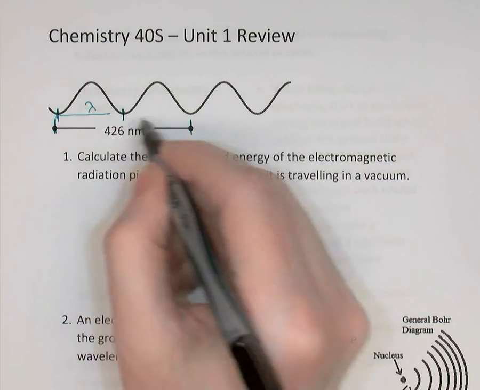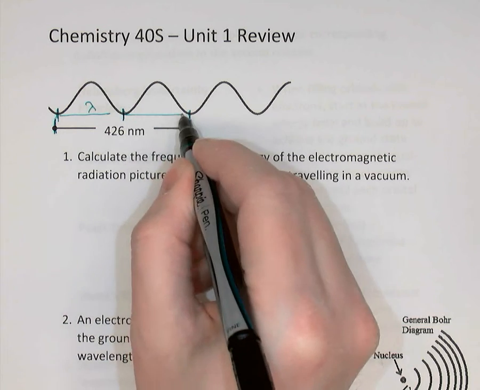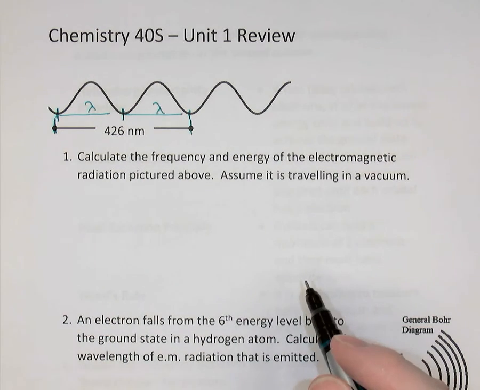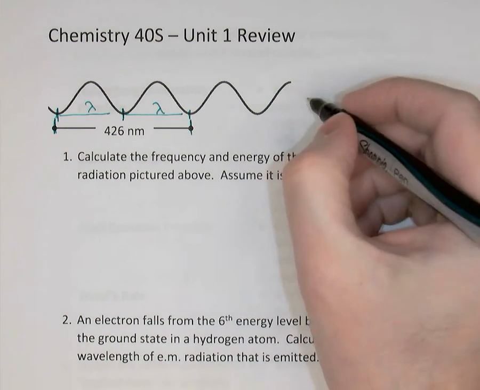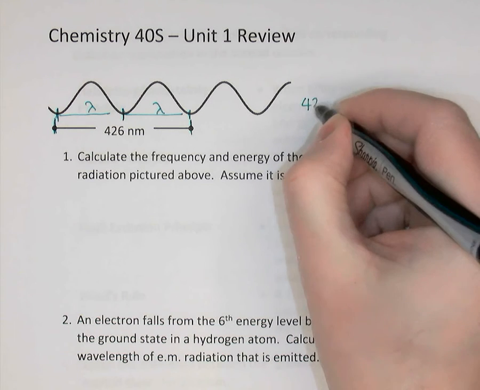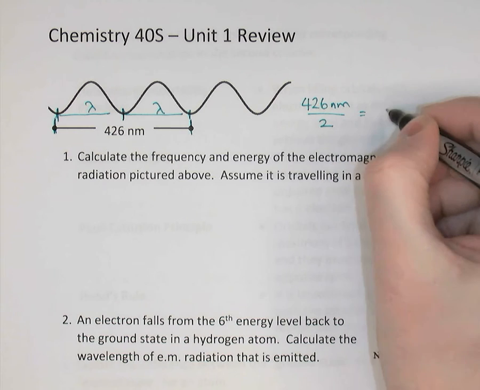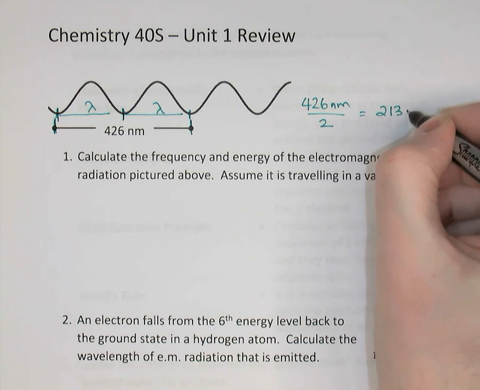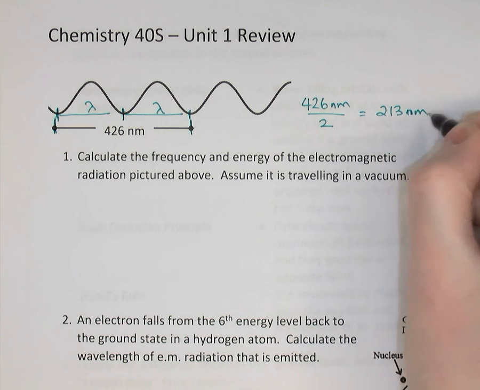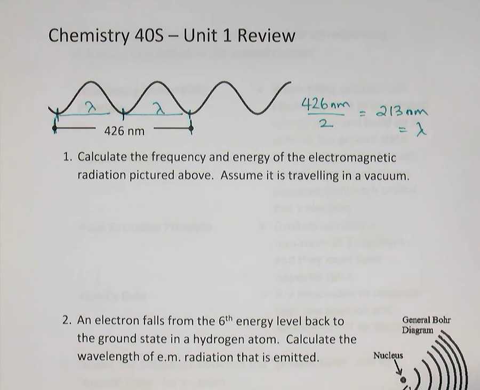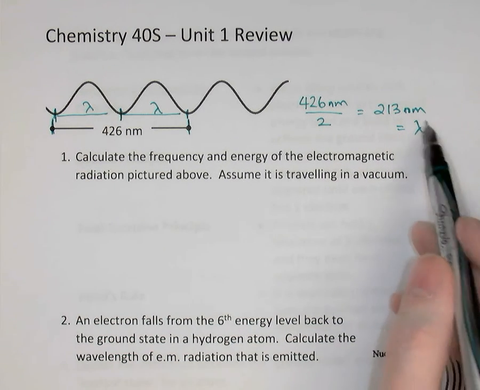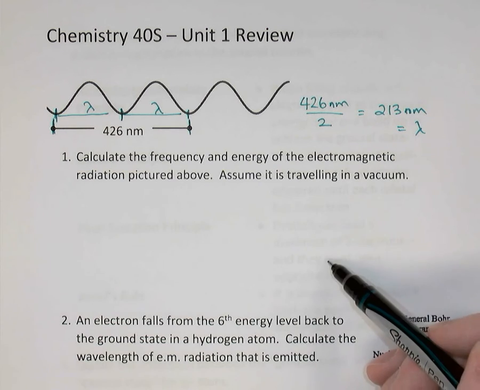The distance from this trough to the next one is another wavelength. So that distance, 426 nanometers, is actually two wavelengths. So if we take 426 nanometers and divide by 2, we get 213 nanometers, and that's the wavelength of that radiation. Remember, the Greek letter lambda means wavelength.